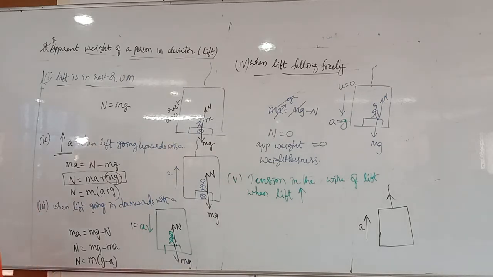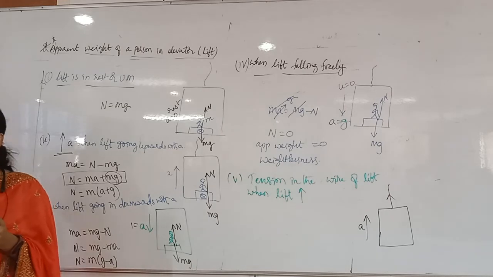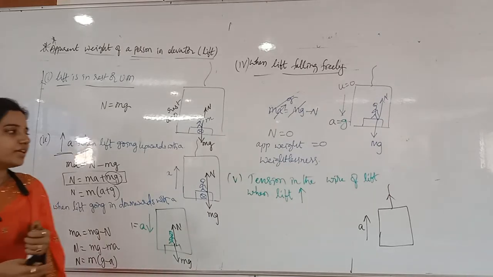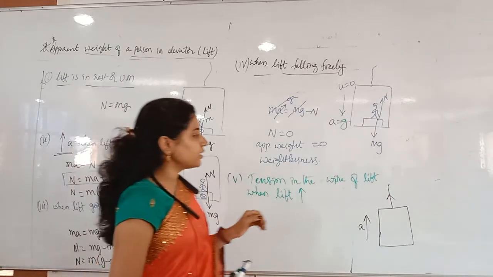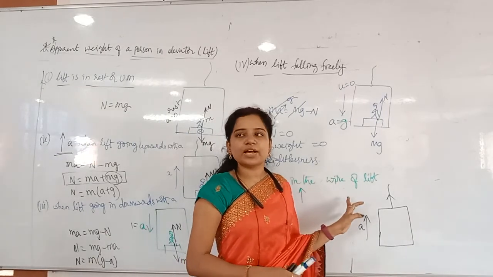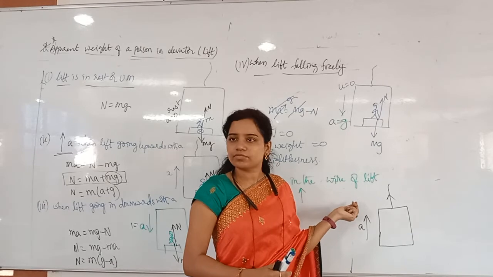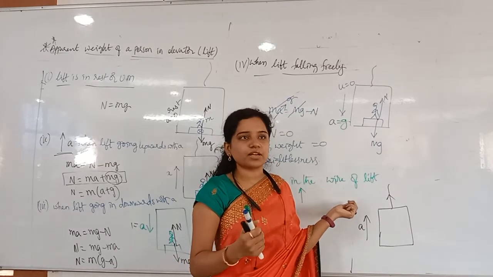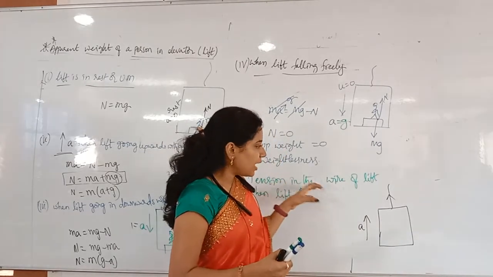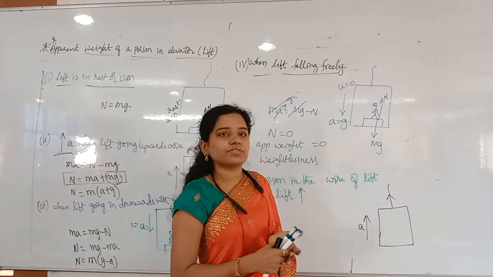Done. Tension in the wire of the lift. Whenever the lift is going in the upward direction, here we will consider that the wire is a massless wire. So you have to find out the tension in the wire of the lift. I said the tension concept already, right? How it will act. Now I wanted to find out the tension of the lift.